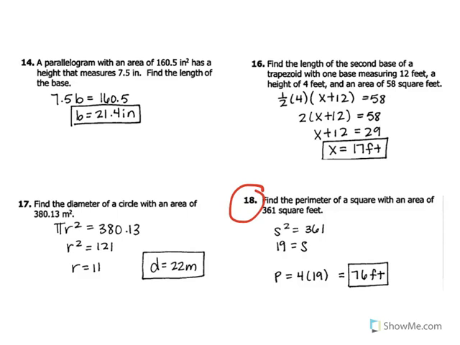So the area of a square is s squared is equal to 361, so you have to take the square root of 361 to get what just s is. So that means that one side of the square is 19, and they're all the same. So your perimeter is 4 times 19. And that is it.